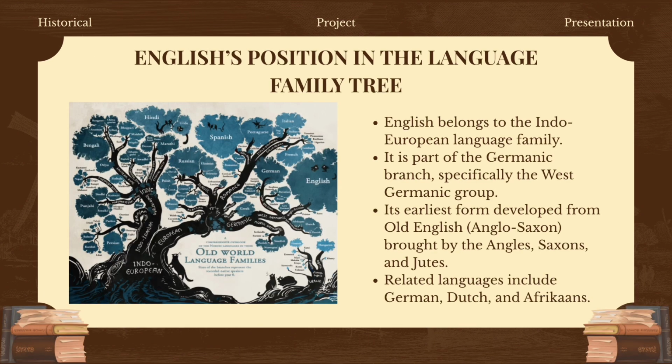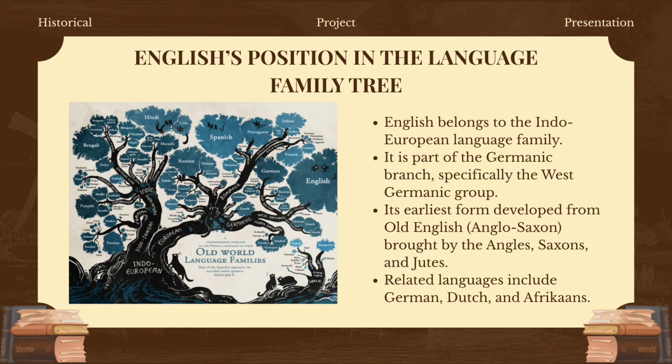So now let's proceed to English's position in the language family tree. So if we trace the history of English, we can see that it started from the Indo-European language family. So from there, it belongs to the Germanic branch, specifically the West Germanic group.